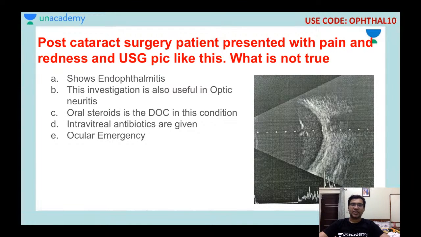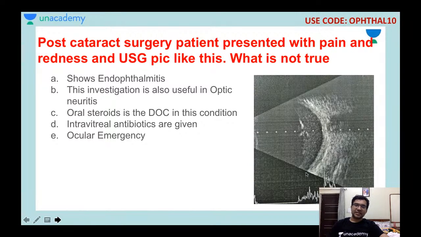Option A, shows endophthalmitis. Option B, this investigation is also useful in optic neuritis. Option C, oral steroids are the drug of choice in this condition. Option D, intravitreal antibiotics are given. Option E, it is an ocular emergency. Before you answer the question, I would tell you that more than one option is correct in this question.